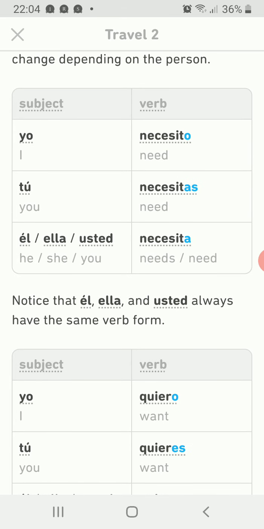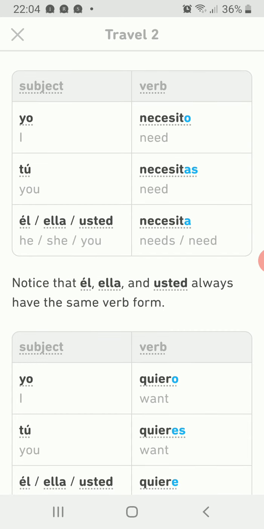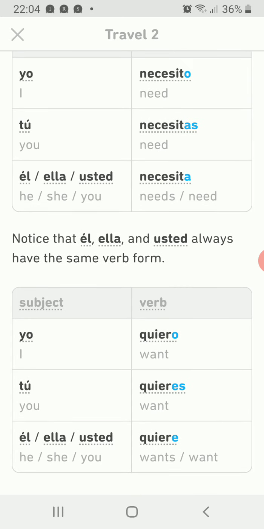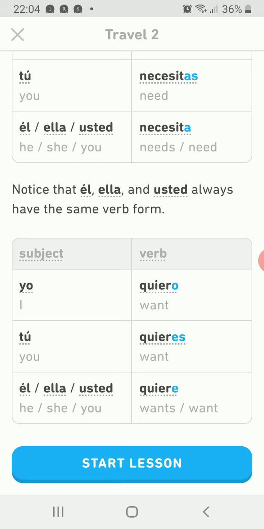So we have seen necesitar, to need, and quiero, querer is to want. Yo quiero, tú quieres, él, ella, usted quiere.